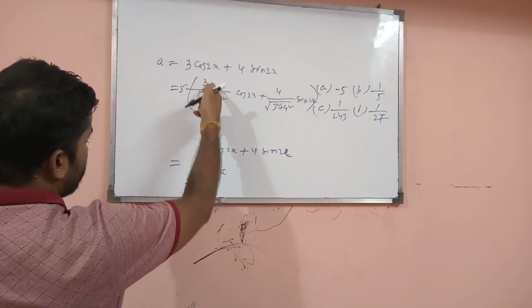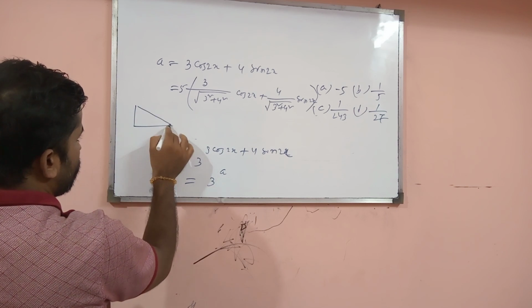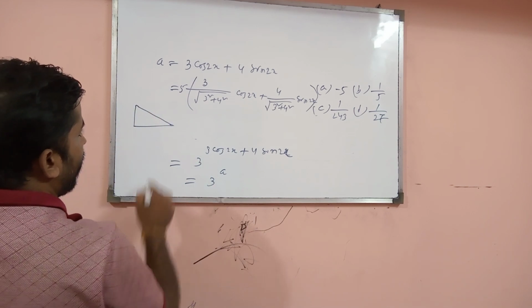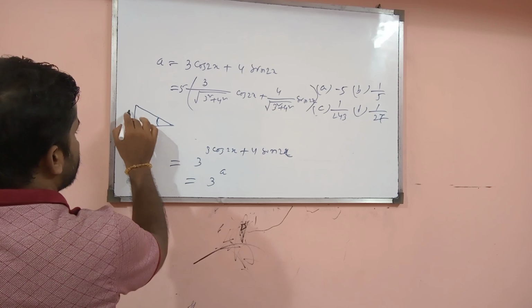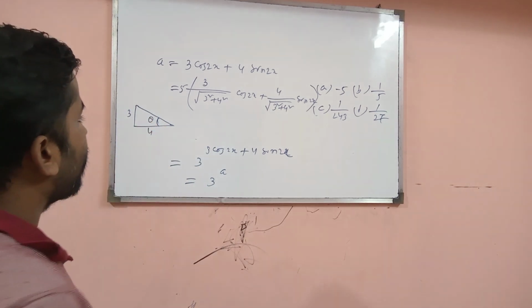If we consider 3 and 4 as two sides of a right angled triangle, suppose this is 3 and 4 and this acute angle as theta.